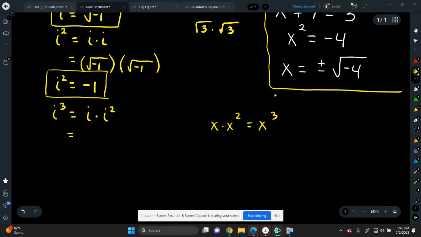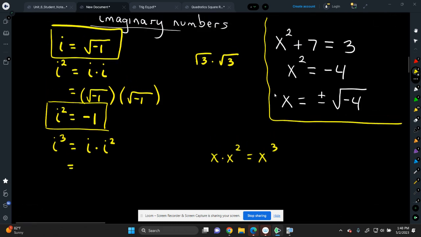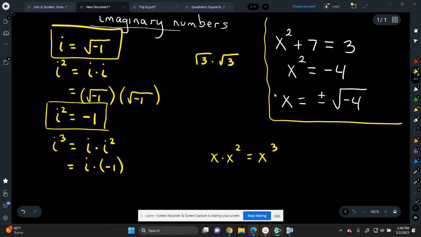Well, what did we say i was equal to? Square root of negative 1. Actually, I'm going to leave it as i, because it makes it less confusing. What's i squared equal to? Negative 1. What's negative 1 times i? Negative i. i to the third is equal to negative i.